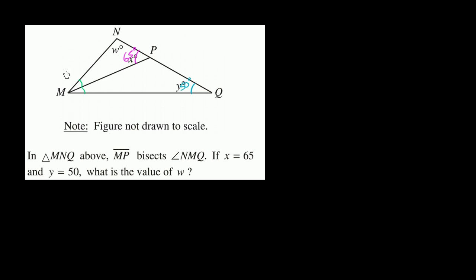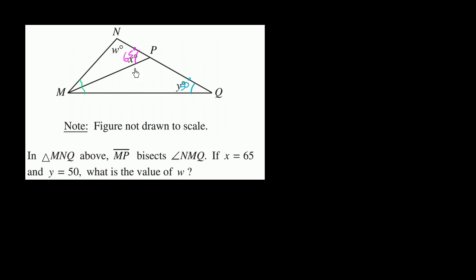So for example, if we know this is 50 degrees, then we could figure out this green angle. And if we know both of these, we know this whole angle. And if we know that whole angle and this 50-degree angle, we could figure out what W is, or what the measure of this angle is going to be.